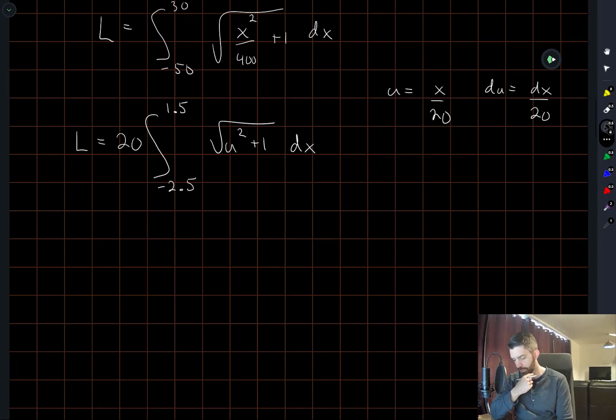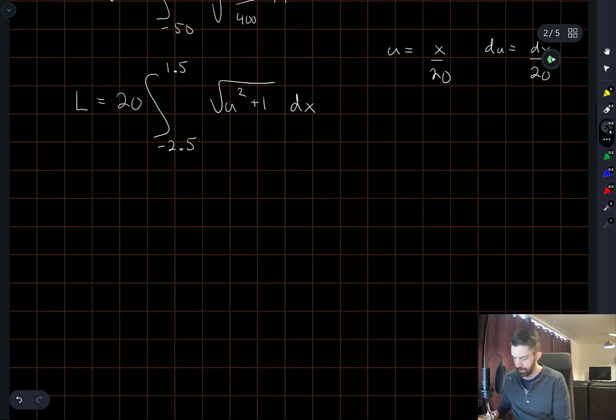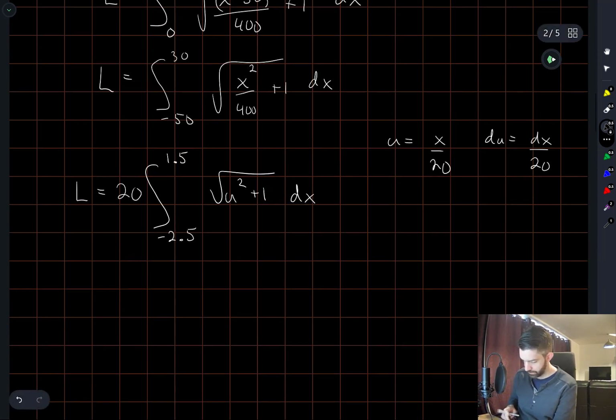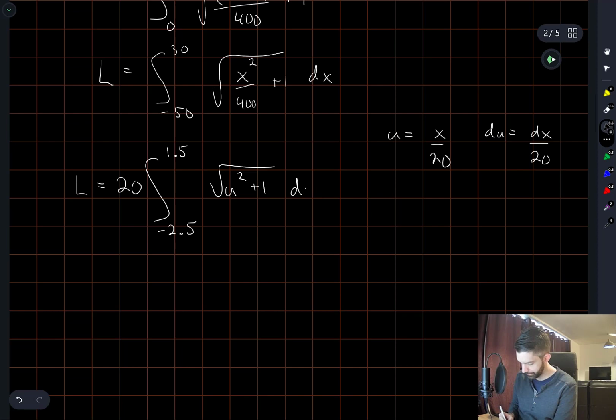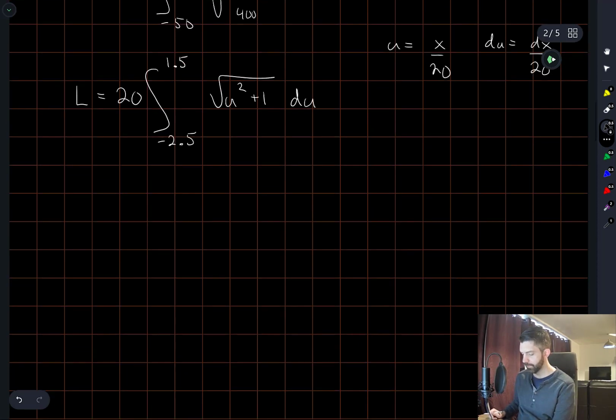So integrating the square root of u squared plus 1, that should be a du. Okay, so I'm going to play around with some substitutions and see if I can figure out what this should be. But it looks like something trigonometric.